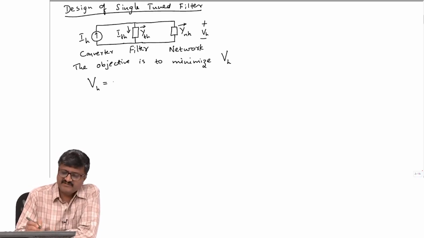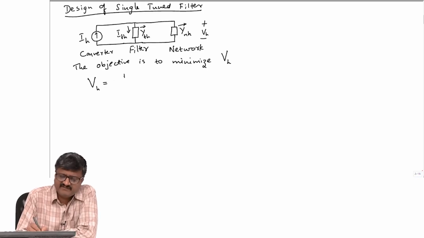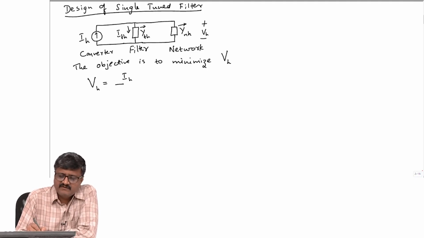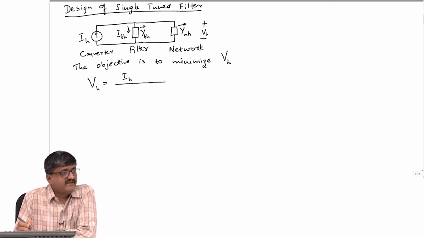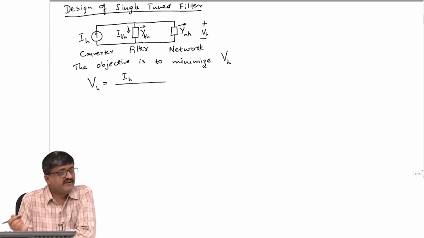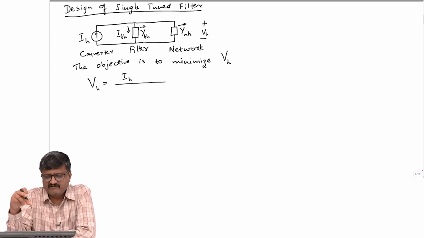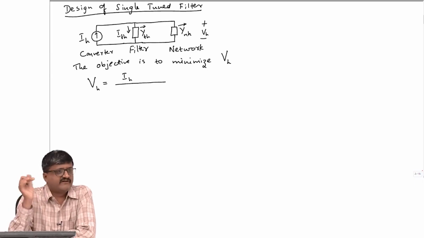If I look at the expression for VH, I can write VH as the converter current IH divided by the admittance of the parallel combination of filter and network. VH is the voltage across network or filter or converter.